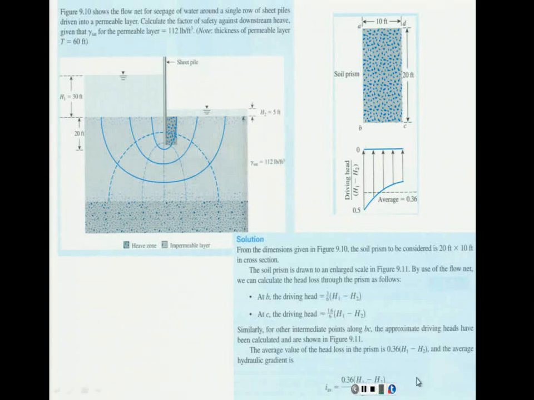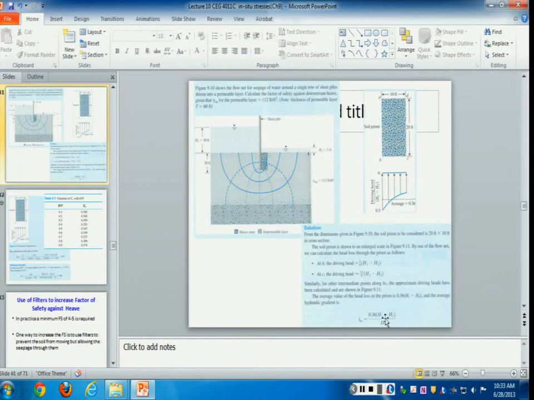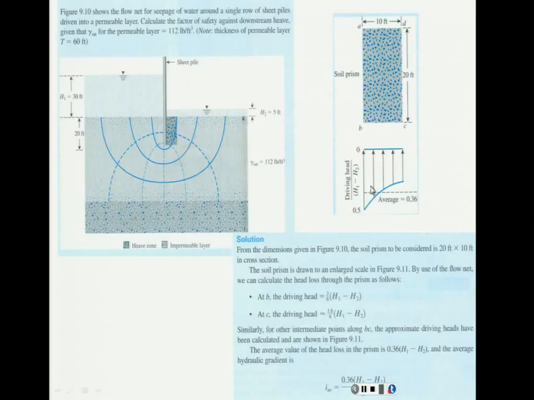The hydraulic gradient, I don't know if you can see it here, is going to happen in this depth here. You have the head here and you have the head here, but that head is going to be changing according to this depth. This is the total soil. So what you're doing, basically, you are getting 0.36. 0.36 is the way the book calculated, because the book calculates in between points also and considers this like a parabola equation.